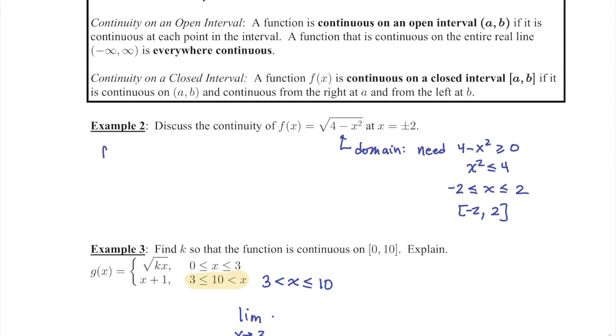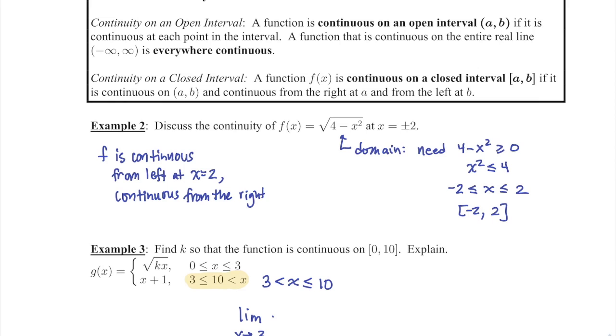So we would say this f is continuous from the left at x equals 2, the right edge of the domain, continuous from the right at negative 2, and we can say it's continuous on the closed interval negative 2 to 2.